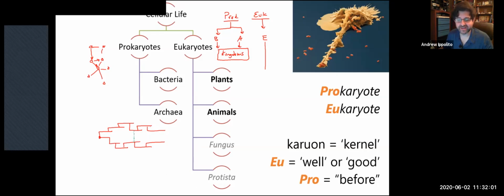Okay, and that's the idea that one species can actually get the DNA from another species through mechanisms that are still poorly understood. Okay, so it's called horizontal gene transfer. And this is an area of active investigation. It might have to do with viruses, who knows?